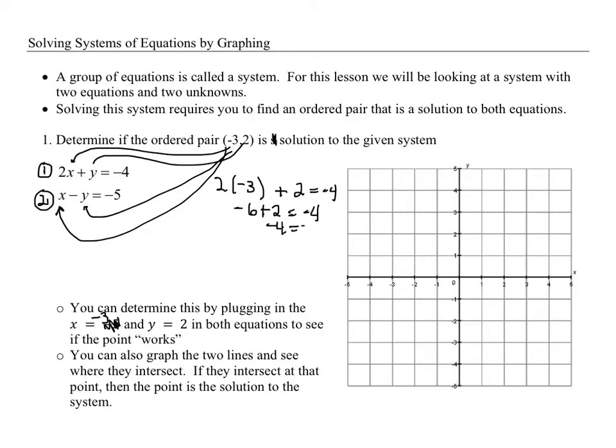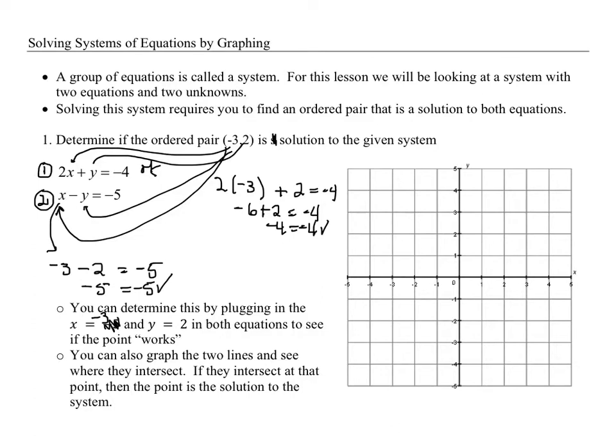Yep, it works. So the first one is okay. Let's see if negative 3, 2 works in the second one. Put negative 3 in for X, 2 in for Y. Yep, that one works too.